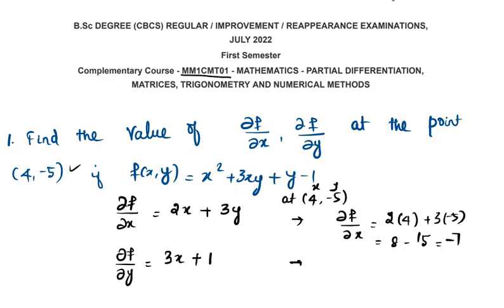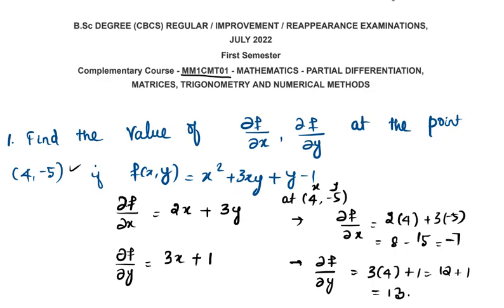At the same time we will have dou f by dou y, that will be equal to, so here we don't have y part, so we don't consider the minus 5 and we will put 4 here. So this will become 3 into 4 plus 1, which is equal to 12 plus 1, which is equal to 13.